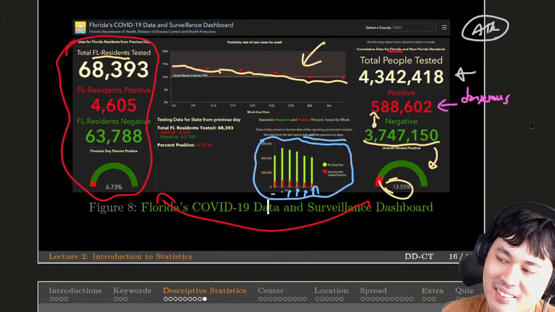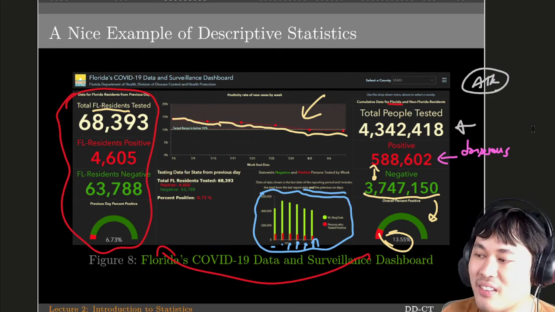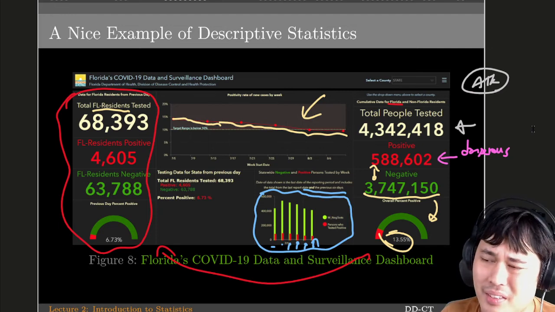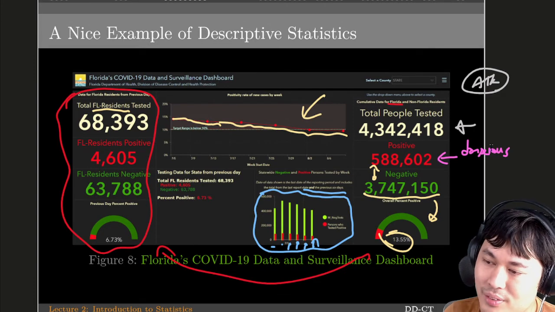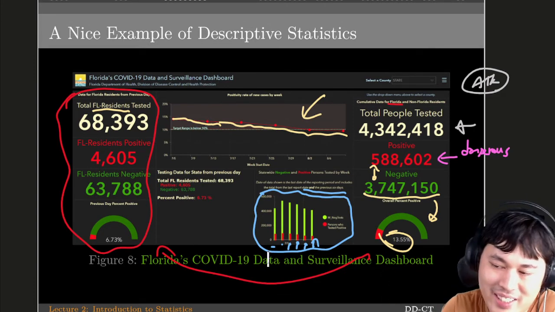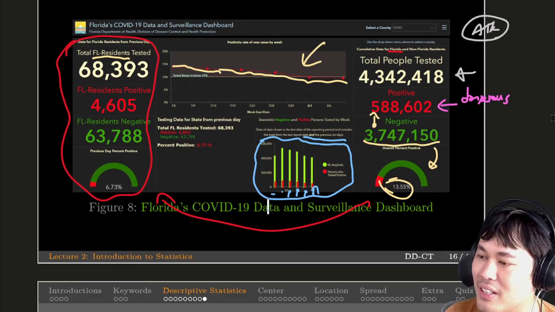And by the way, the good news is this website is nice and it gives you accurate data to look at. The bad news is this was not made by the government. People just volunteer and do it themselves, because sometimes governments are slow.